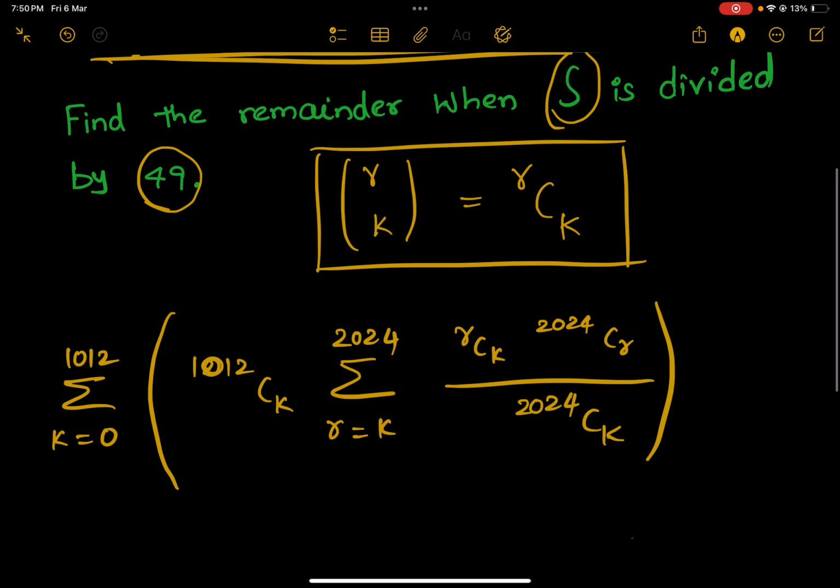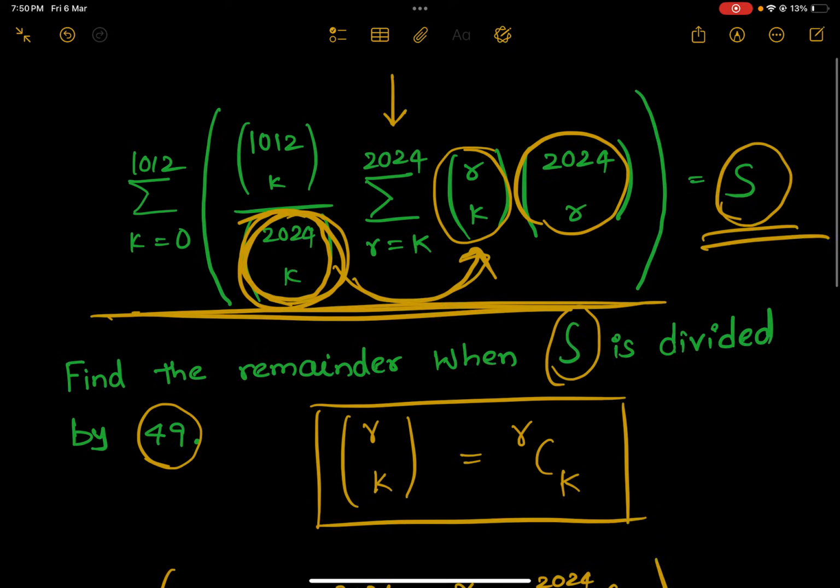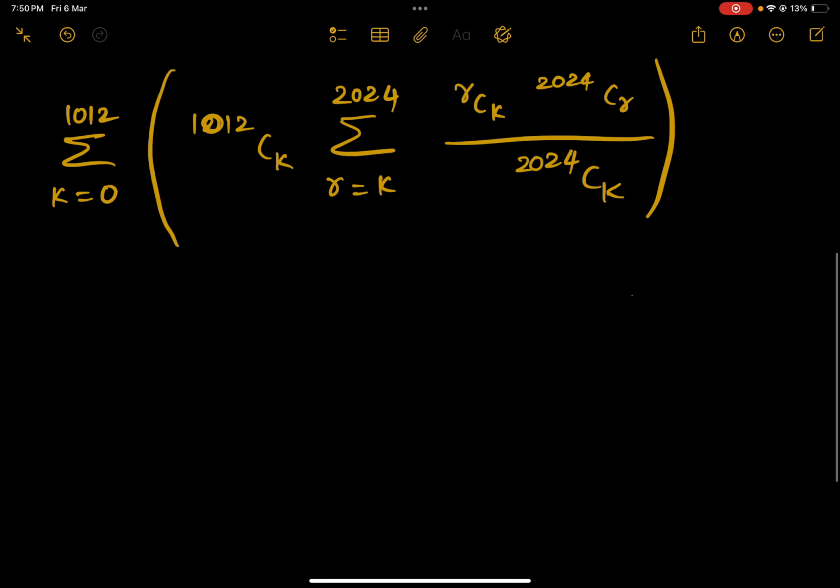So this is the observation that I was talking about. You have to send this particular term inside. Otherwise it becomes really difficult. Maybe there is another way of solving it, but this is the most efficient way to solve this question. Now let us try to expand this part.